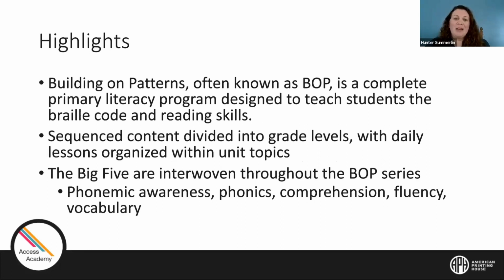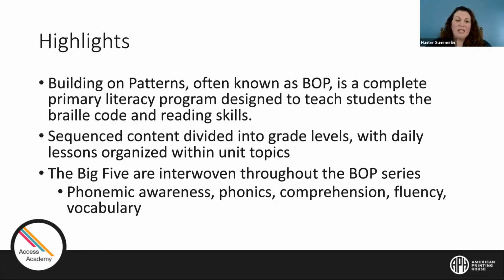It is a complete primary literacy program designed to teach students the Braille code and reading skills at the same time. The content is sequenced. It's divided into grade levels. There are daily lessons organized, and there are unit topics that are discussed.